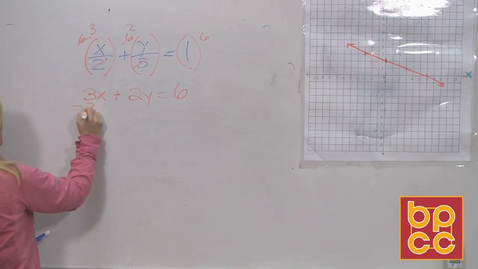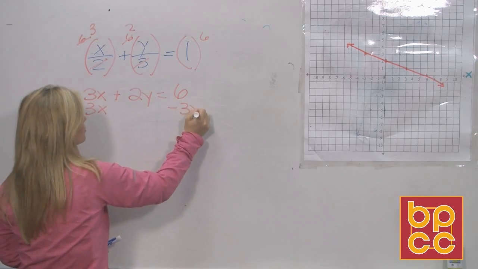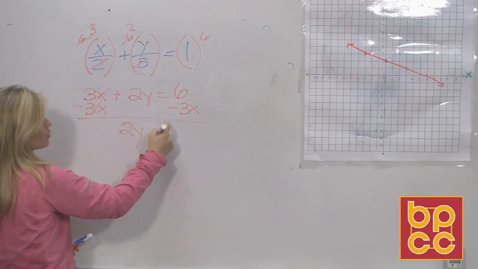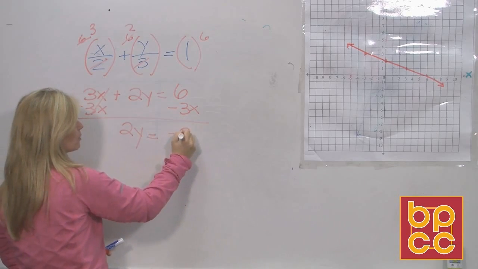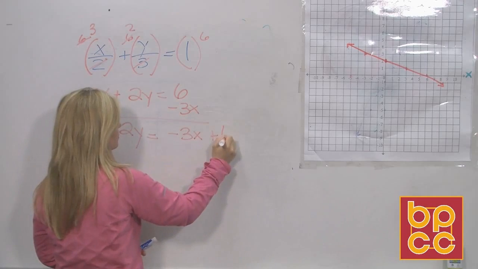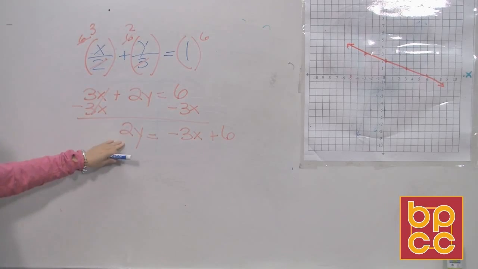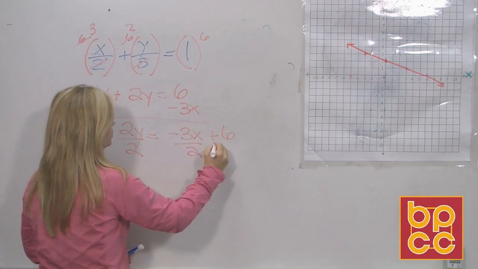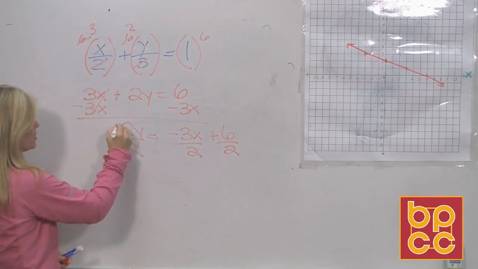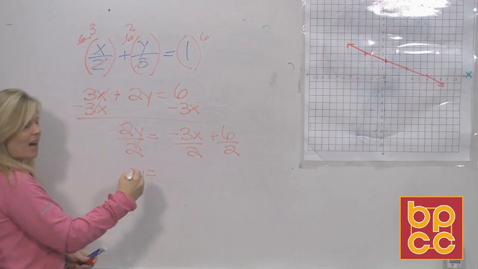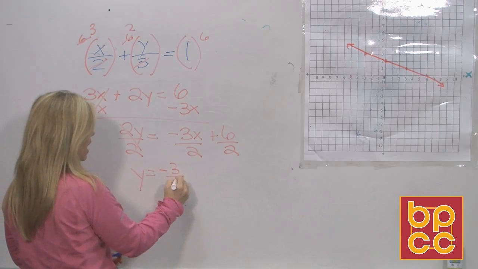I'll subtract 3x. 2y equals. I'm going to write the x first in the correct descending order, then the plus 6. But I'm not done. Is y by itself? So I'm going to divide everybody by 2 because you got to keep balance. And I get y equals -3 doesn't divide by 2 nicely, so I'm going to leave it a fraction.